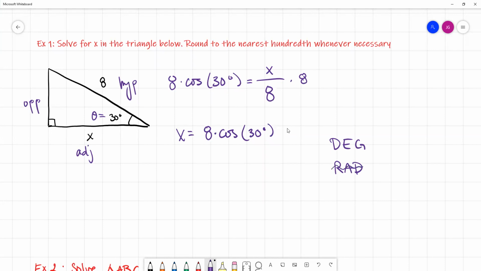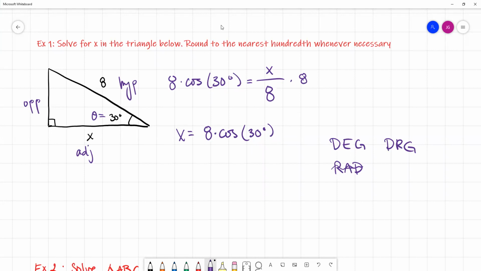So make sure you change the mode on your calculator to degrees. Sometimes it's either DEG or DRG, so look for either of those. If it's not there, you'll need to change the mode. If you have trouble with that, ask for help in class and I can help you change it to that mode.